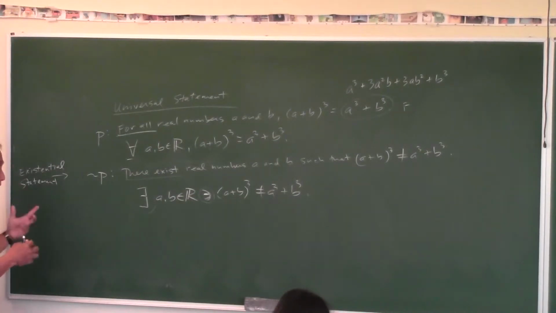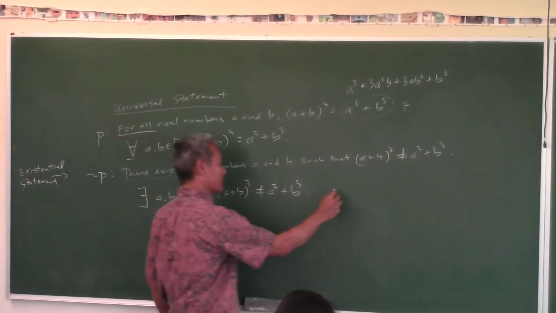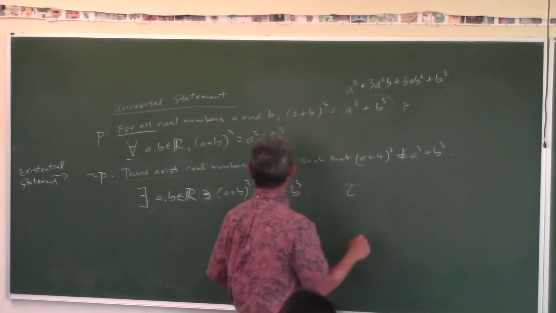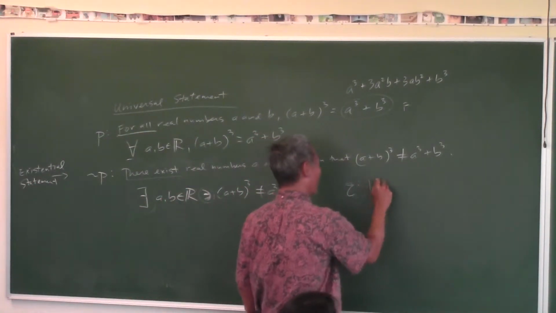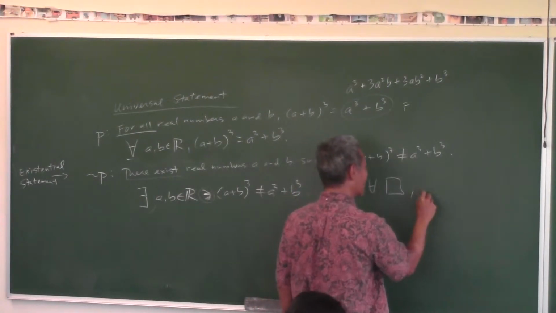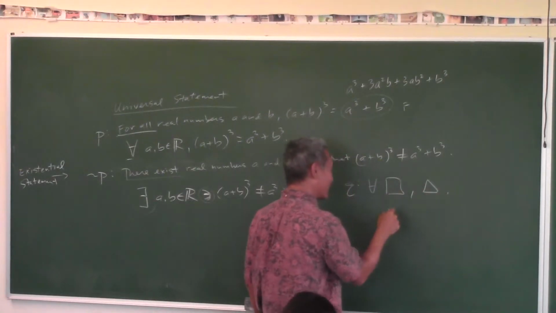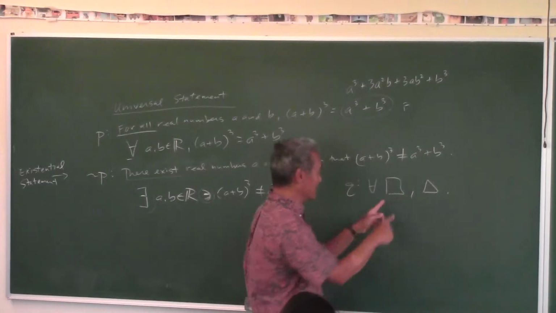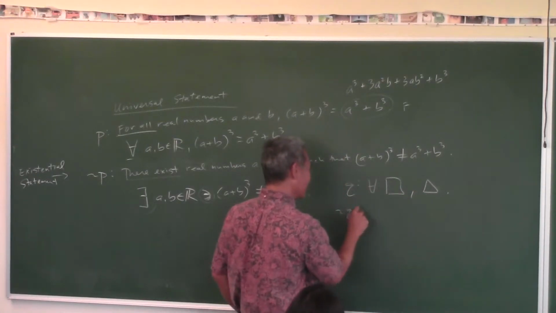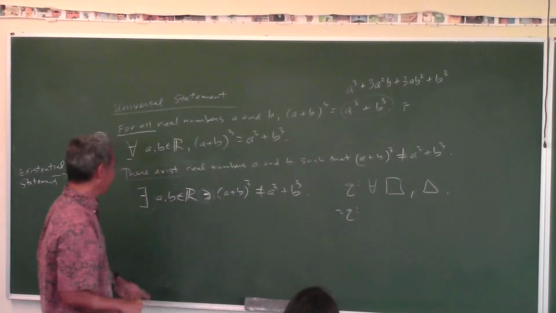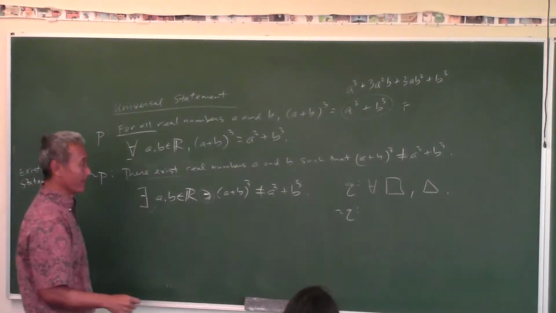The meaning of the words doesn't matter. You just look at the form. So, for example, if Q is a universal statement, for all rectangle, comma, triangle, and these represent statements, how do you negate that, following what I just taught you here?